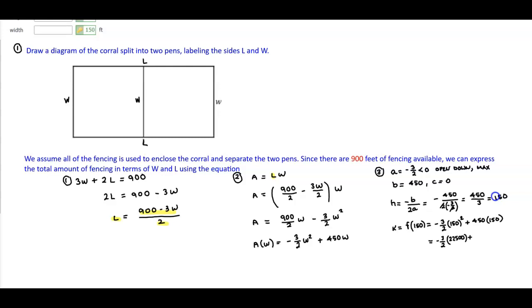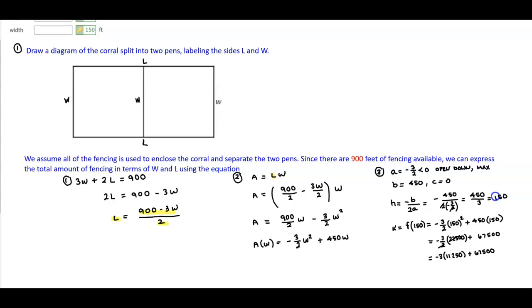And if we take 450 and multiply that by 150, we get 67,500. If we take 22,500 and divide that by 2, we get negative 3 times 11,250 plus 67,500.